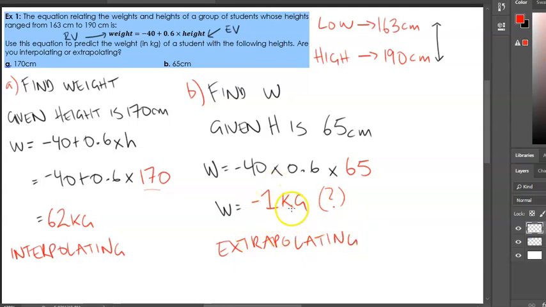In fact, it's impossible to weigh -1 kilograms. And this is why interpolating and extrapolating, and when you make your prediction, is such an important factor in making these predictions, because we can only rely on this line within this range.